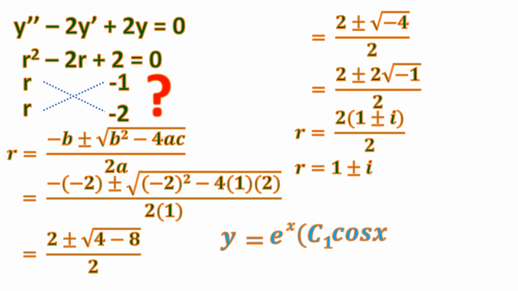Now the coefficient of the imaginary part is 1. That's why it's only cosine x. It's cosine 1x, or you don't need to write 1. Plus the second constant, c sub 2, sine x. So whatever is the angle for cosine is the same as the sine.